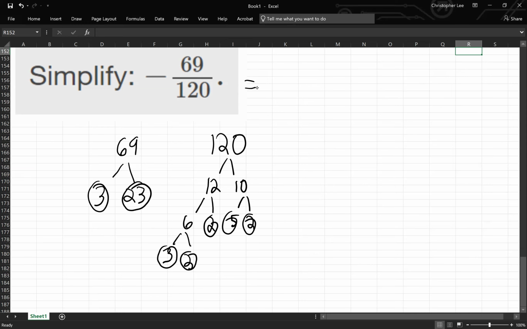So now, what do I have? I have 3 times 23 up top. Now the bottom, what do I have? I have 2 times 2 times 2 times 3 times 5. So which number is the same on the top and the bottom?